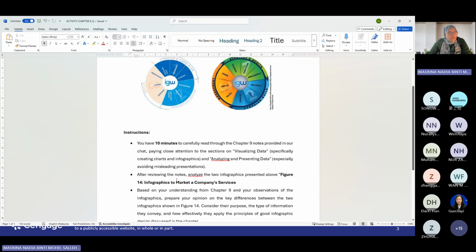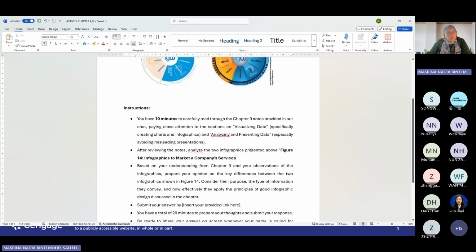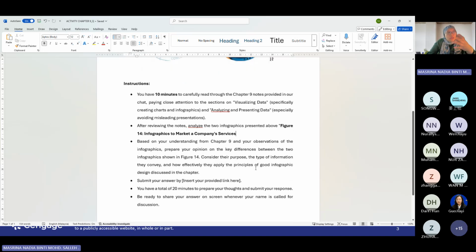After reviewing the notes, based on the infographics that you can see, I want you to observe and prepare your opinion on the key differences between these two infographics. Consider the purpose of this information, what they are trying to convey, and in your opinion, how effectively they apply the principles of a good infographic.